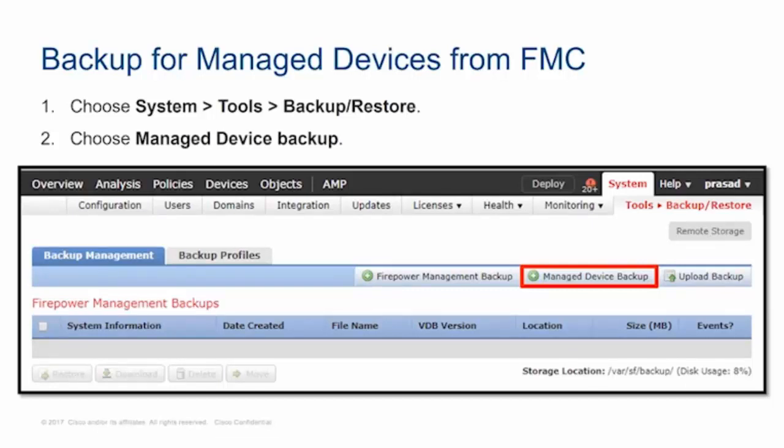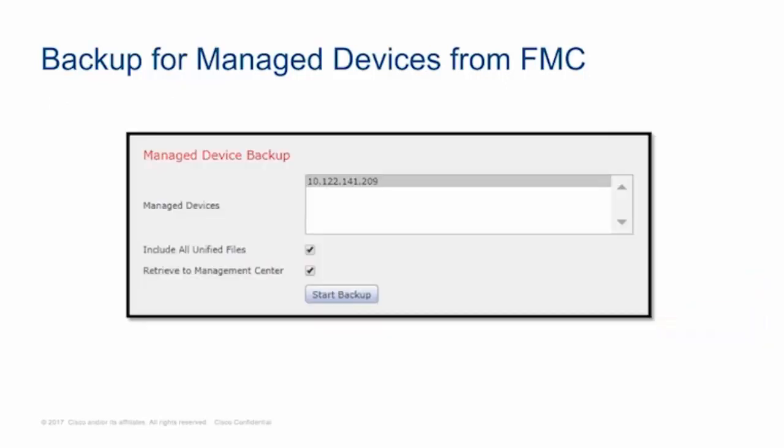Under Managed Device Backup, you're going to see the list of devices that are supported for backup and restore. For example, if the FMC has multiple sensors registered to it, like 7000, 8000 series devices, FTDs, and virtual NGFW devices, it's going to list only the 7000 and 8000 devices, because those are the devices for which backup and restore is supported. So this is an 8000 series box here, and it is listing the information.